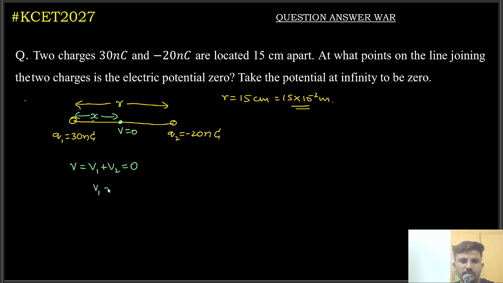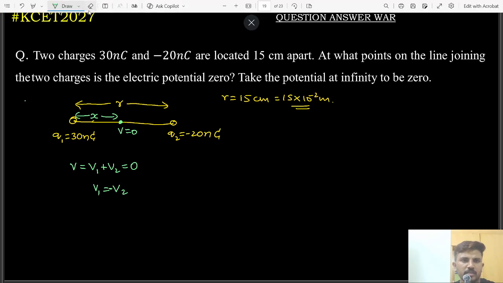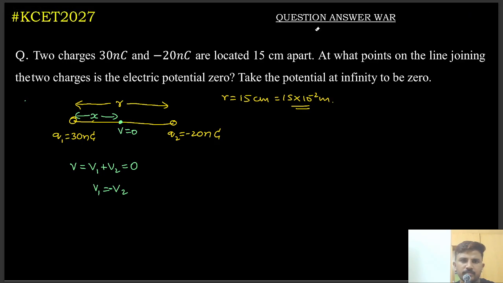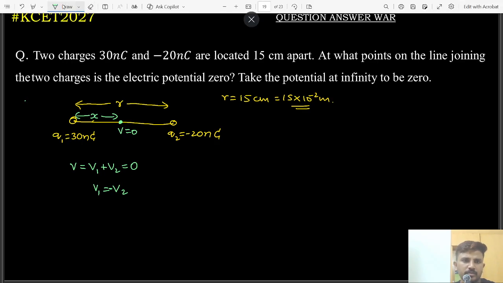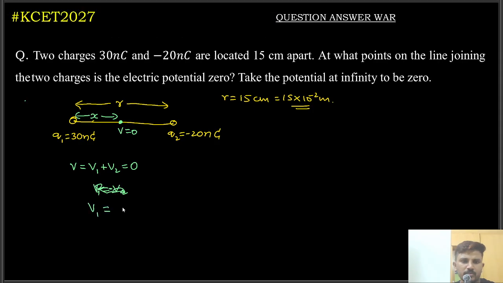So can I write V1 is equal to minus V2? What is V1? K Q1 by x. What is V2?